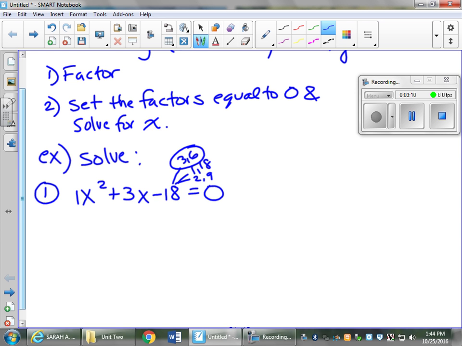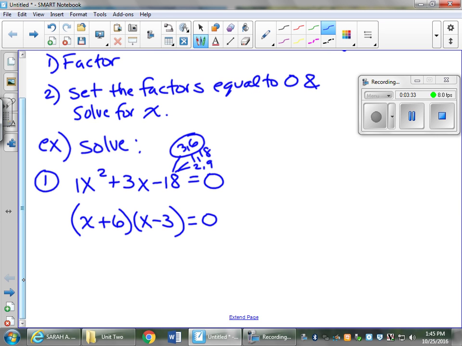To get a positive 3, I need x plus 6 and x minus 3, because 6 minus 3 will give you 3, and 6 times negative 3 is negative 18. You can always check your inner outer. Negative 3x plus 6x is 3x. I'm still going to bring down the equal to 0.